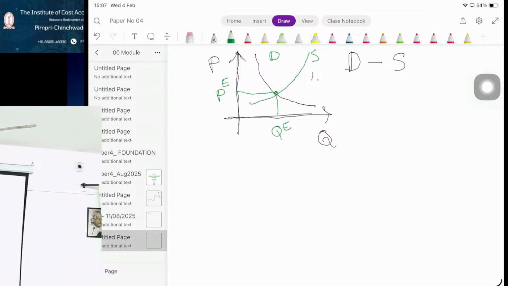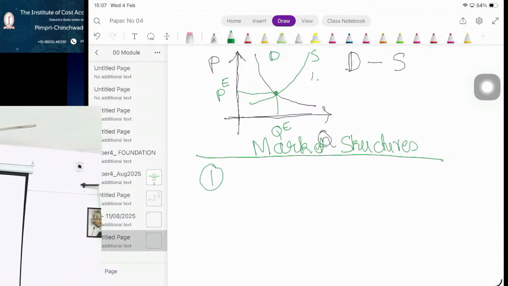Okay, also as a recall, we discussed the various kinds of market structures. There are different kinds of market structures. Perfect competition. Can you all write the other three? Yes, very good.